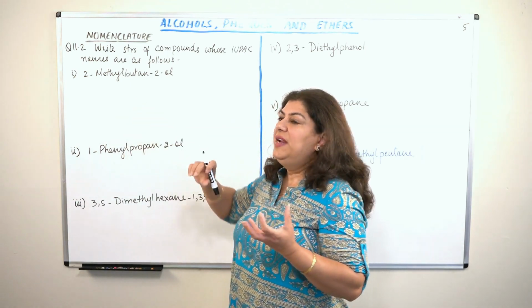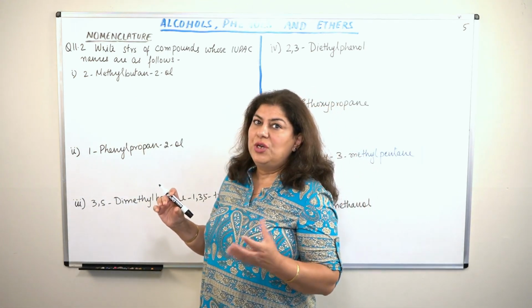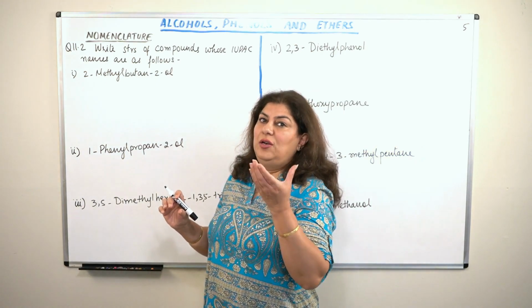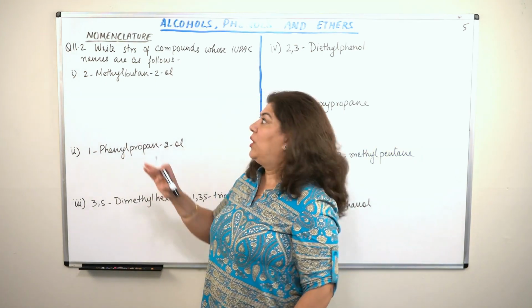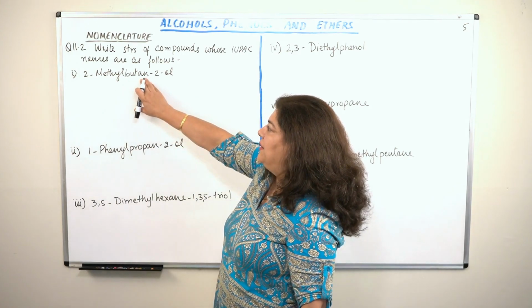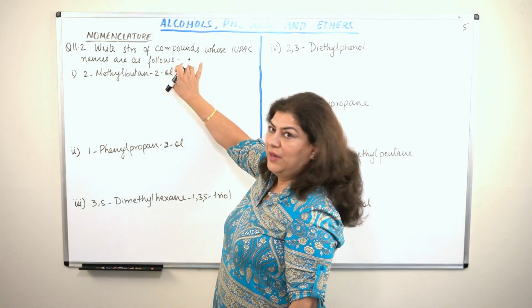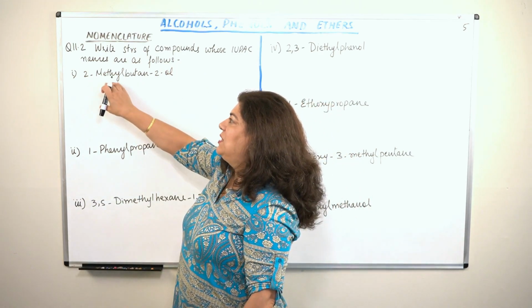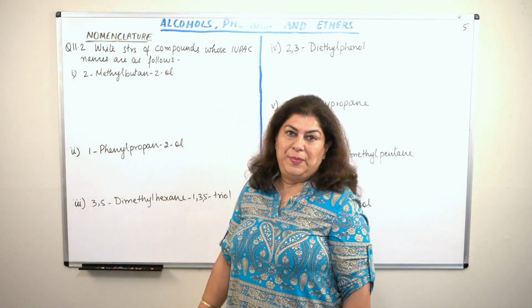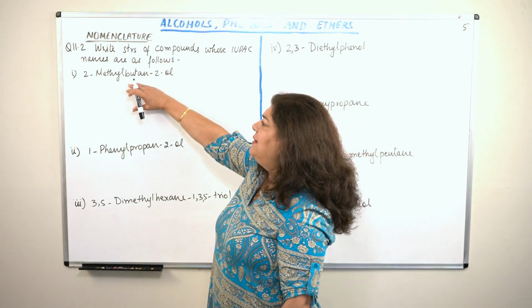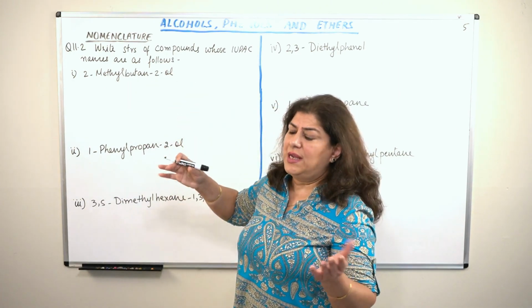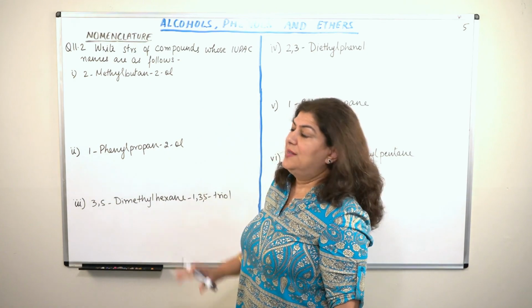Every IUPAC name has a word root, where the word root is the longest chain or the parent hydrocarbon. So butan here is the word root. Then it has suffixes which give you the functional groups. It has prefixes which give you the substituents. And then it tells you about saturation or unsaturation, which also comes in the suffixes.